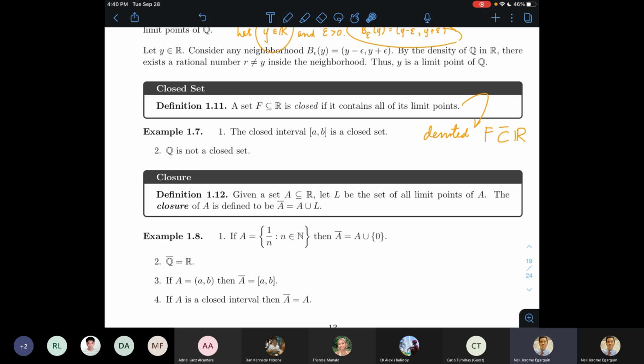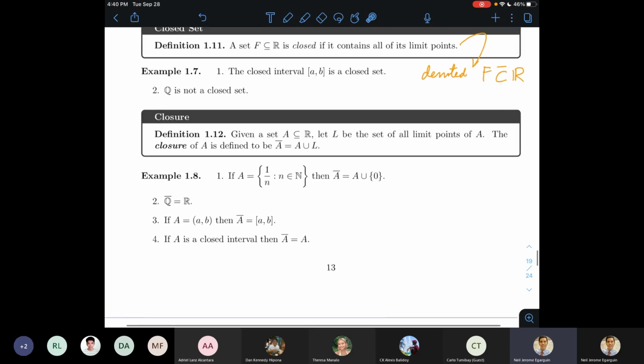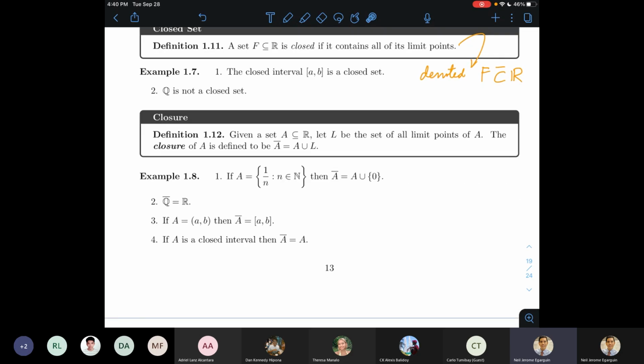dahil hindi naman nako-contain ng isang set lahat ng limit points niya, let's define another set that contains all of the limit points of a given set. And that is what we call the closure of a certain set. And that is formalized in definition 12. In this definition, we consider a set A that is a subset of R. And medyo gusto kong baguhin yung notation. So let's change the notation here.